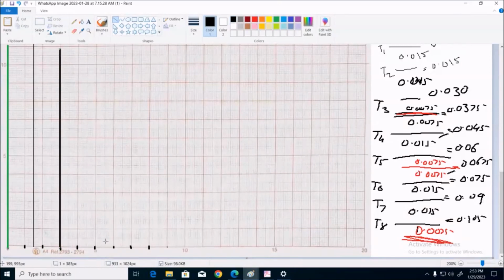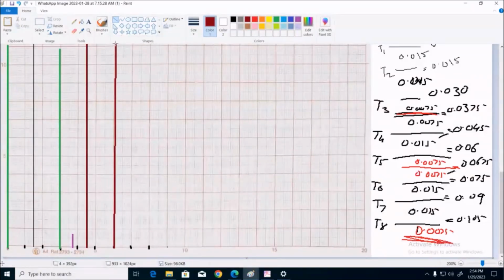This is the end of the material. 3.75 is somewhere here, 4.5 in between here, and 6 here, another thermocouple for the intermediate section. Then 6.75 is somewhere here.